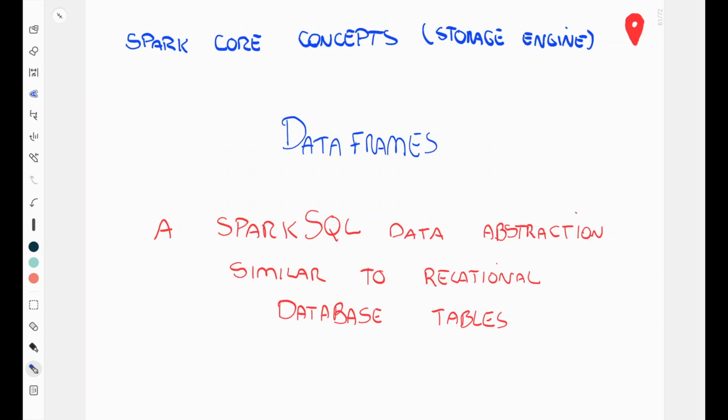So Spark did the same. You already had Spark SQL, and this Spark SQL now has a data abstraction similar to the relational database table. So you have the concept of a table again here. So you can already see how this fits with table formats.